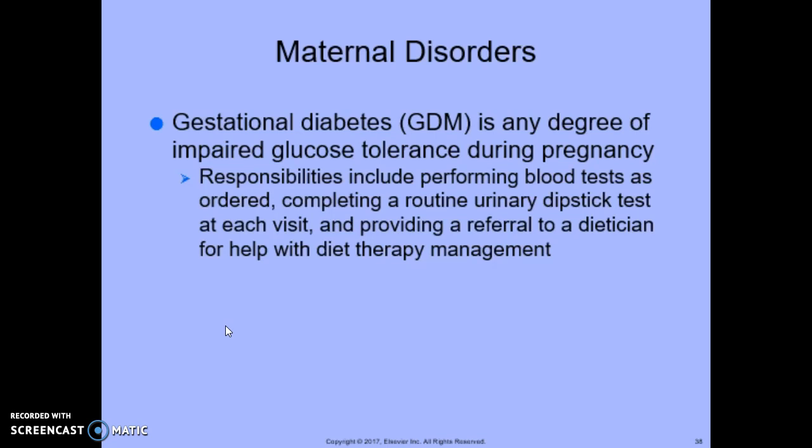Although gestational diabetes goes away after birth, the woman has a higher risk of developing diabetes mellitus type 2 later in life. Studies indicate that the best medical treatment for gestational diabetes can be insulin therapy.